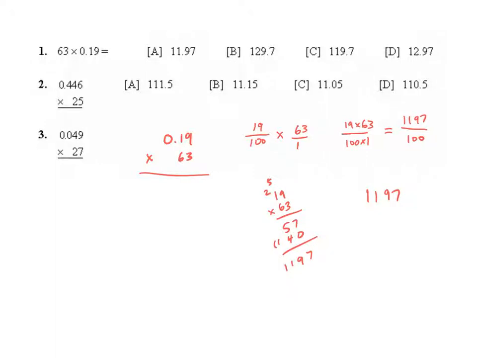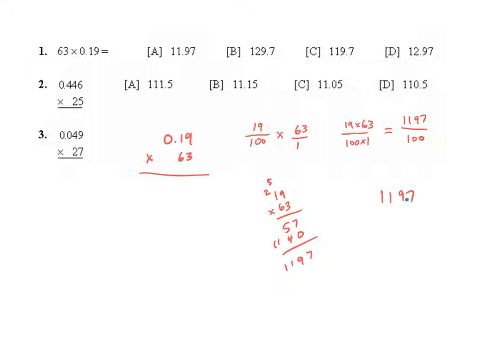But because our place value system is based on the number 10, when I divide numbers by 10, the digits will just move or shift one place value to the right. What I mean by that is, if I wanted to divide 1,197 by 10, I could take 1,197 and just move it over one digit to the right, and it becomes 119.7.